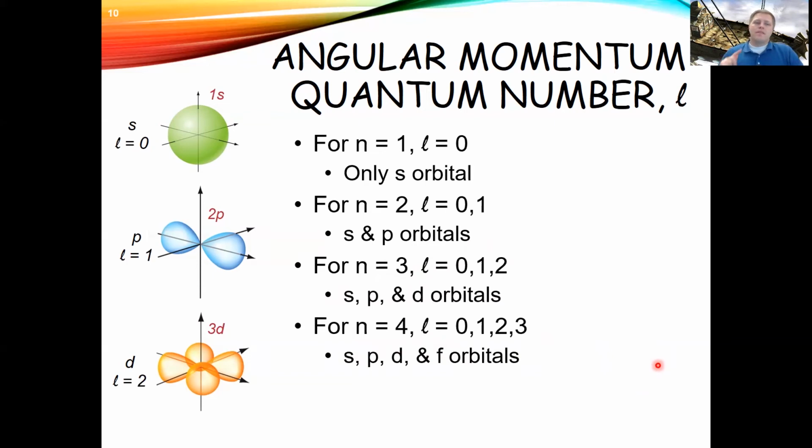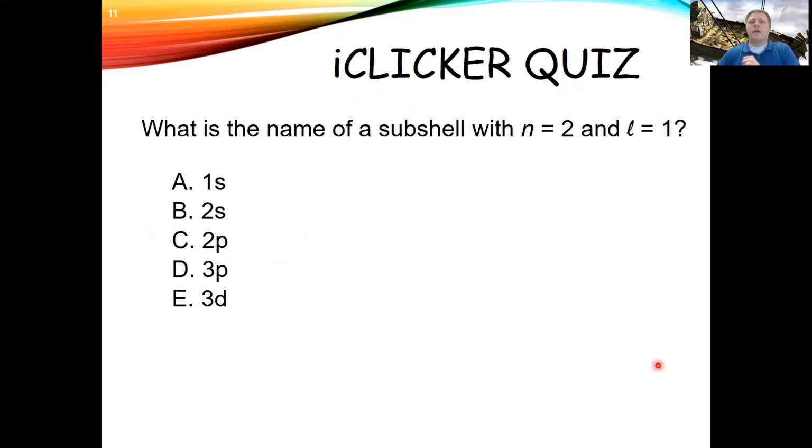All right, let's see how you're doing with this idea. What is the name of a subshell with n equals 2 and L equals 1? Go ahead and pause the video and try and figure that out. All right, so this first number in here is our principal quantum number. So that's n equals 2.